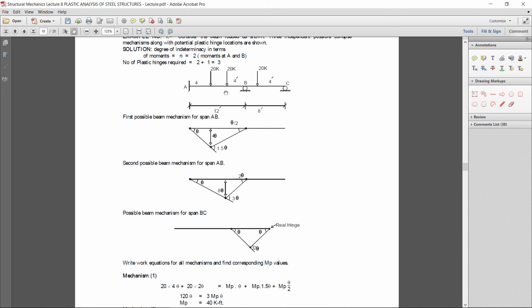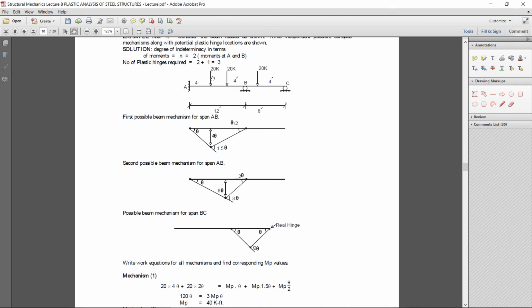Similarly, I am discussing currently only the first mechanism, to get the deformation at the other point. Now in the external work done for this beam, there are two loads.